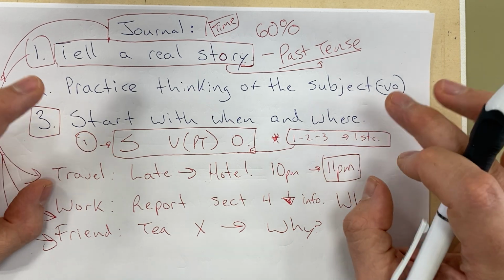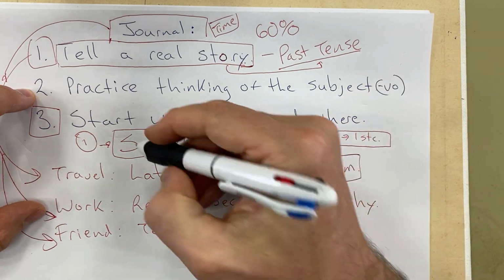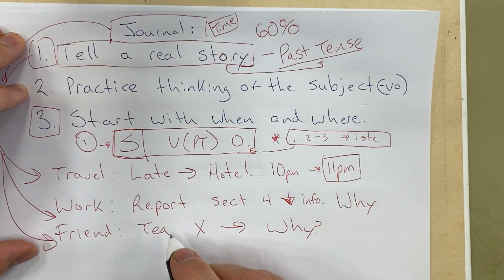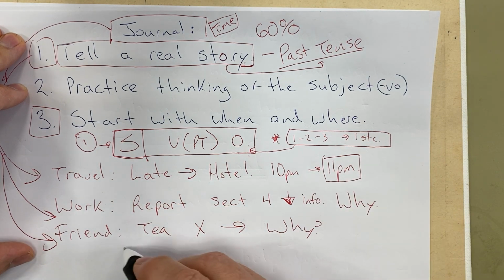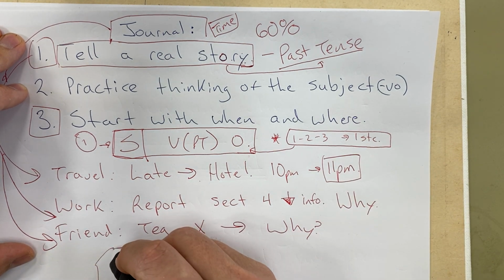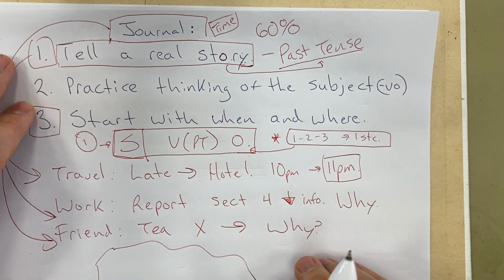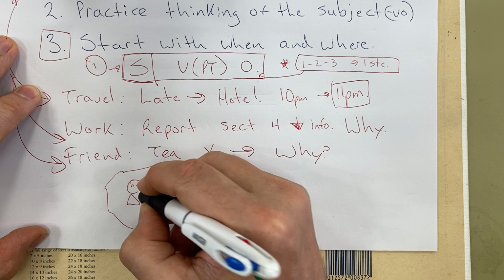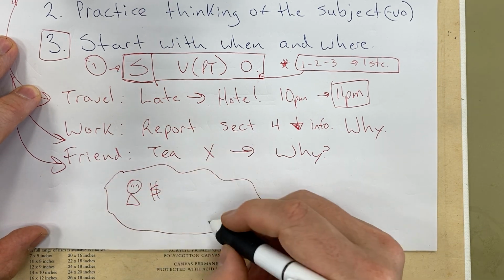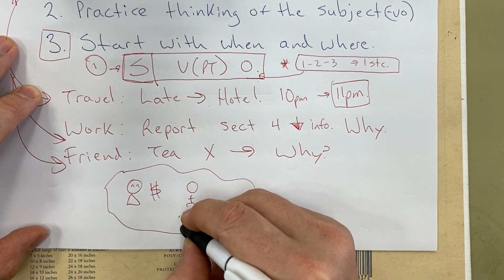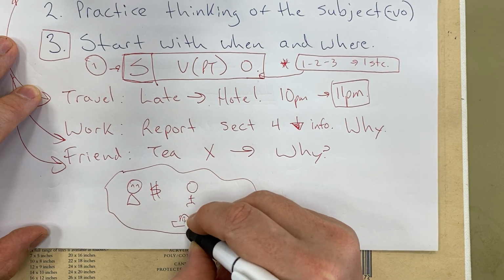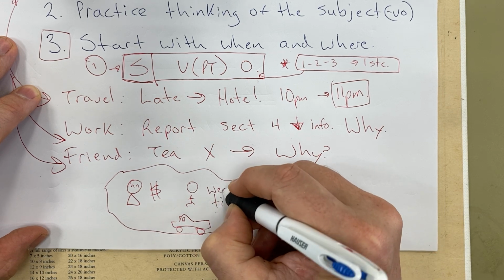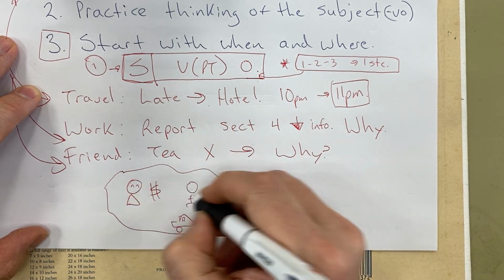All right, so this also in your journal is you practicing thinking of what the subject is. Because when you have one of these situations and you have that picture in your mind, you're not only going to have one, like the example in the last video. That's very, very simple. You're going to have other people, you're going to have other things, and time, and the weather. You have all these kind of things going on, and many people doing many things.